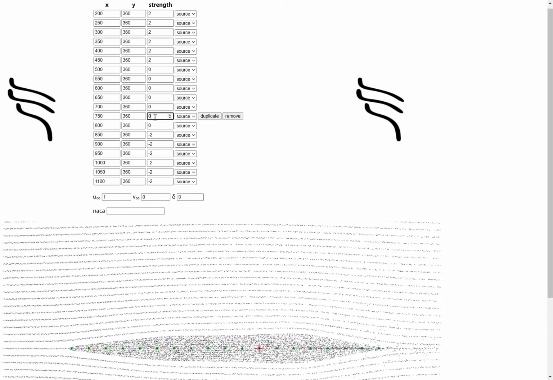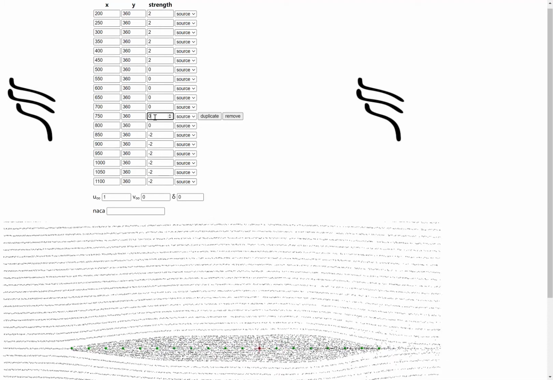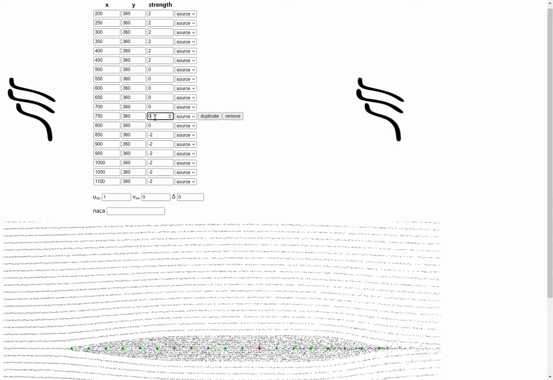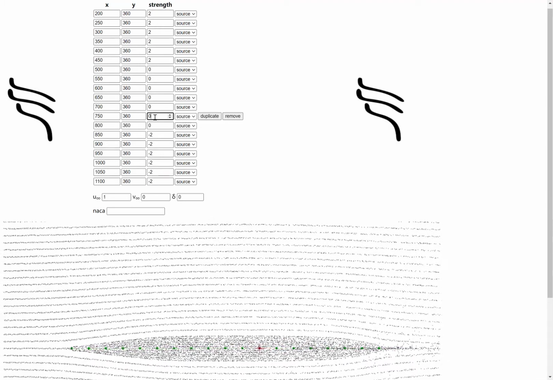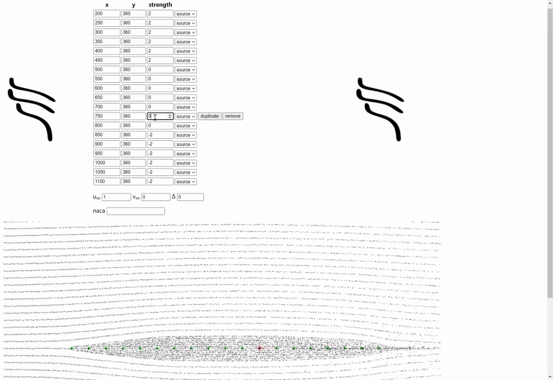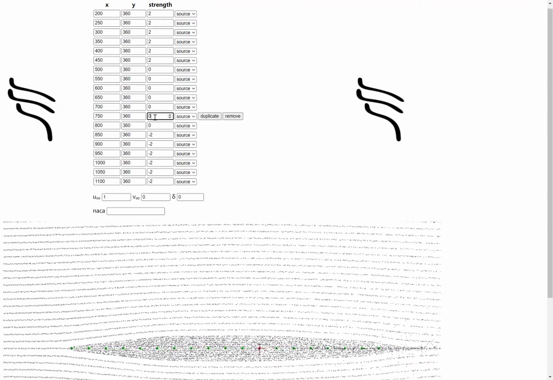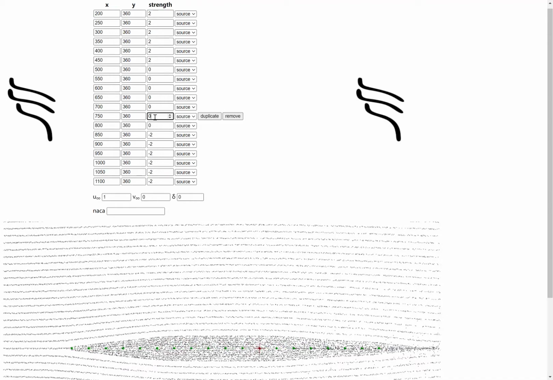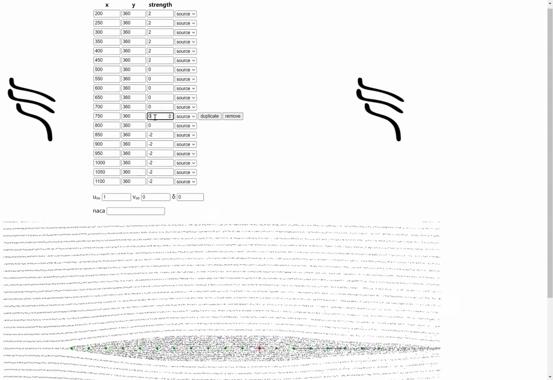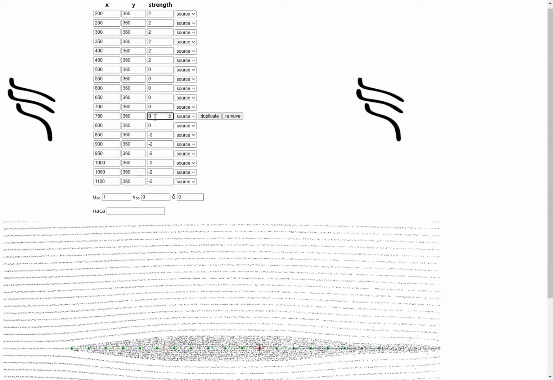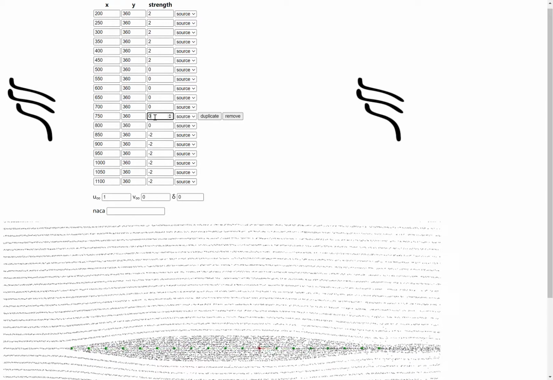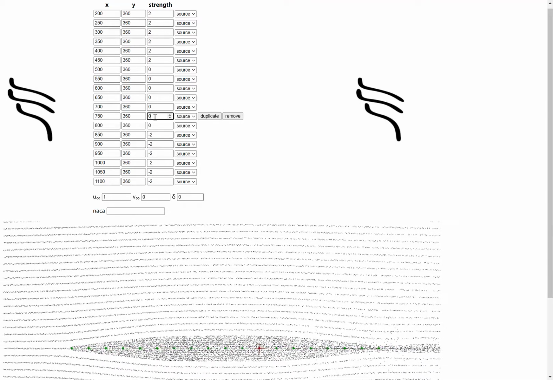So what you're effectively doing is removing the mass that comes out of several sources upstream, and also removing the mass that goes into a few sinks downstream. Right? It makes perfect sense.